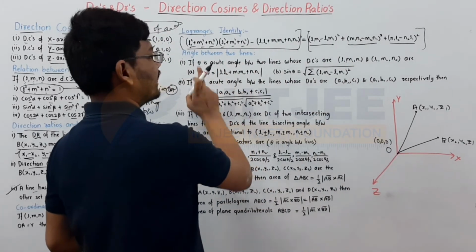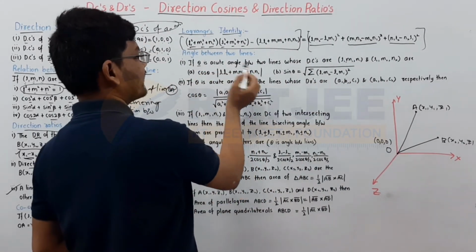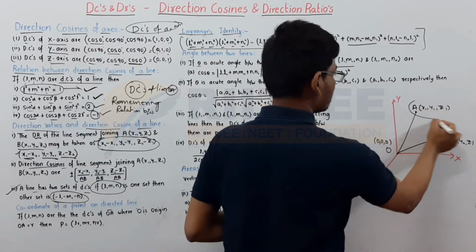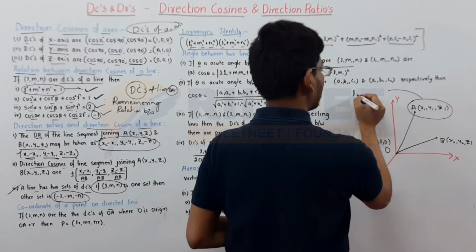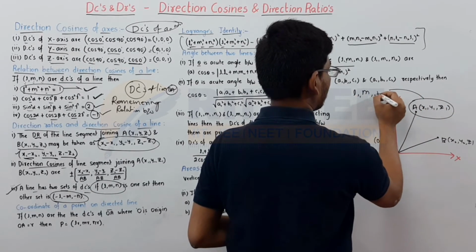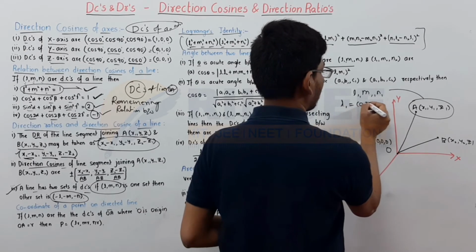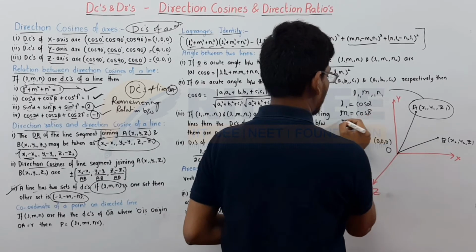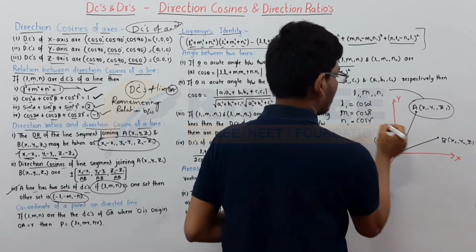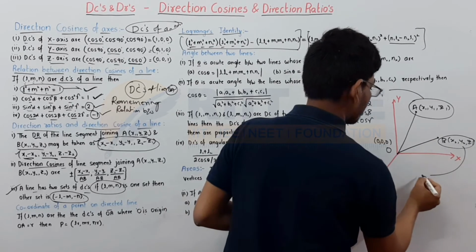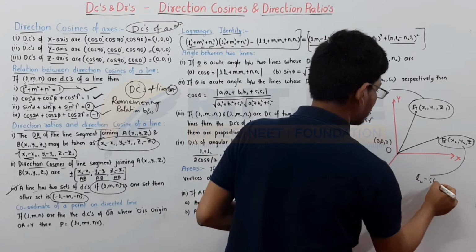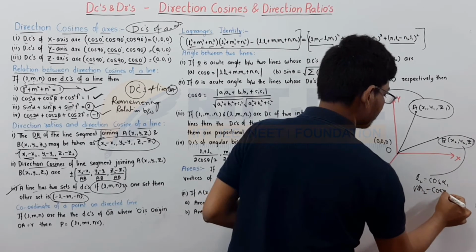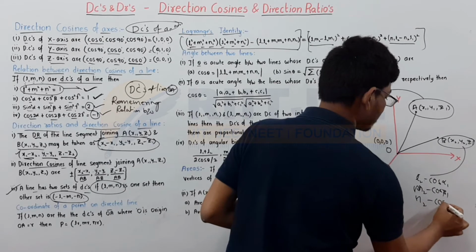And here, if theta is the angle between two lines, the DCs of OA are L1, M1 and N1. L1 is nothing but cos alpha, M1 is nothing but cos beta, and N1 is nothing but cos gamma. And for the other point, L2 is nothing but cos alpha 1, M2 is nothing but cos beta 1, and N2 is nothing but cos gamma 1.